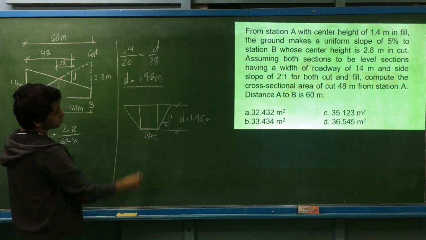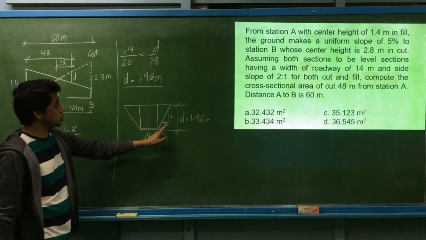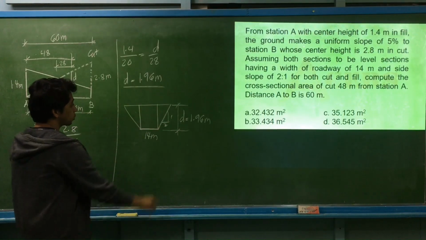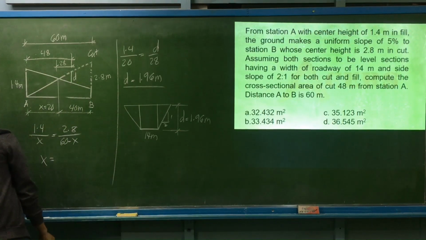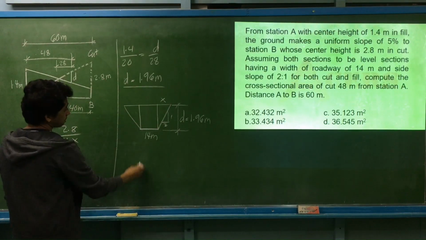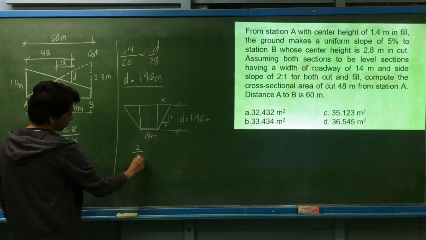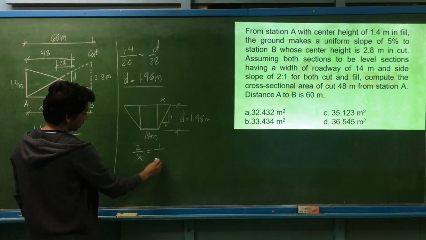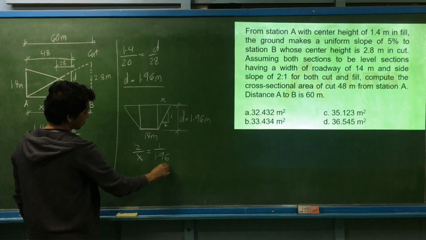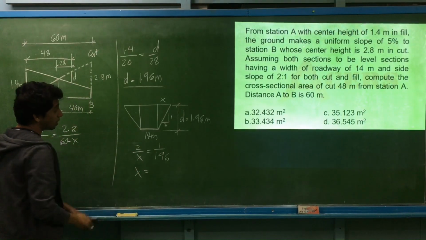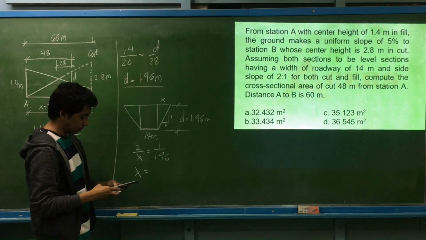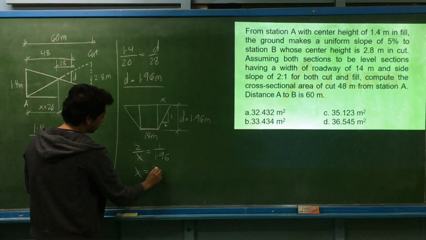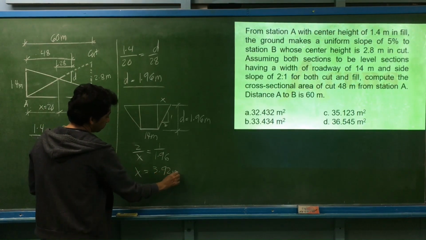Let's get the dimension at the top, 2 horizontal, 1 vertical. So if this is X, then 2 is to X, 2 horizontal, and 1 is to the depth, which is 1.96. So the dimension at the top is equal to 3.92 meters.